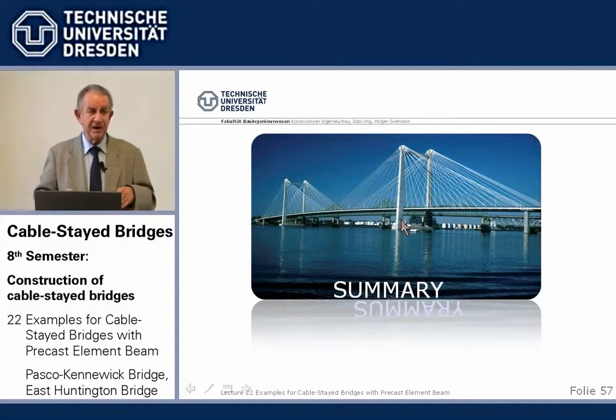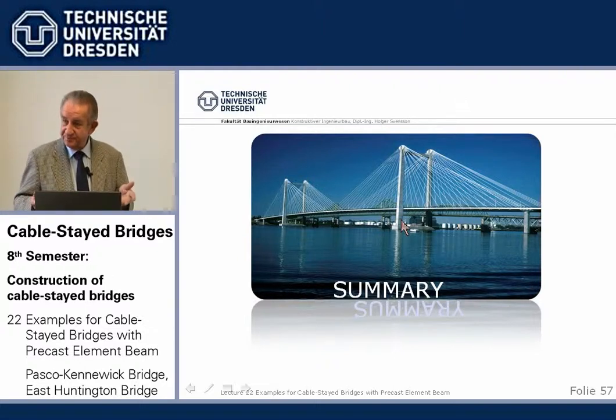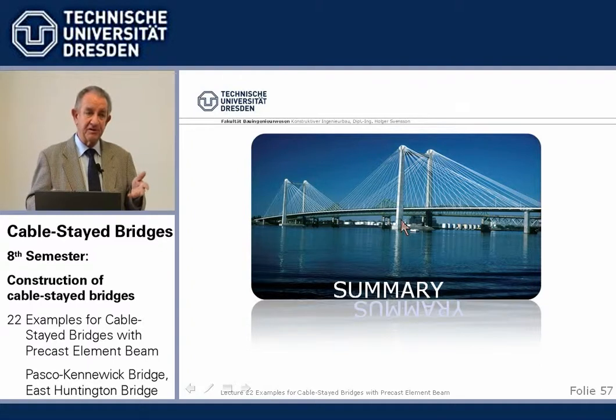As always in life, there is no such thing as a free lunch. We also have disadvantages. And that is basically the transport of heavy weight. In this case, 270 tons. To transport that, to install it, requires equipment. That's the pros and cons.